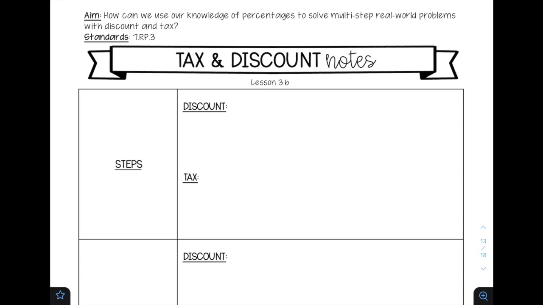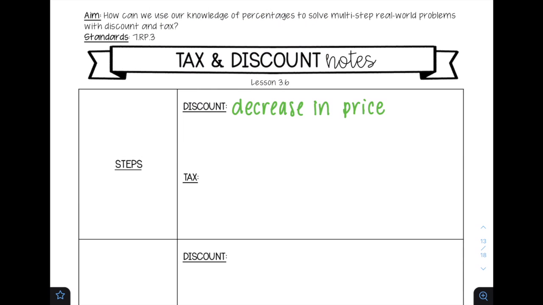Okay, so today we are going to be talking about tax and discount and how they're applied together. So our aim for today is how can we use our knowledge of percentages to solve multi-step real-world problems with discount and tax. Just as a review, a discount is a decrease in price, so you have a certain percentage that you take off from the amount.